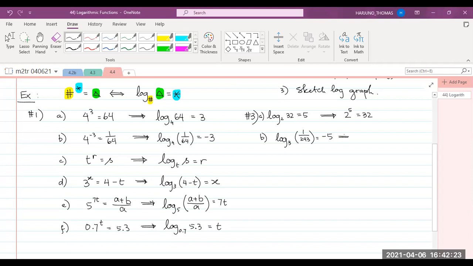Now the base is 3, right? This is the base, to the exponent -5 equals the argument.